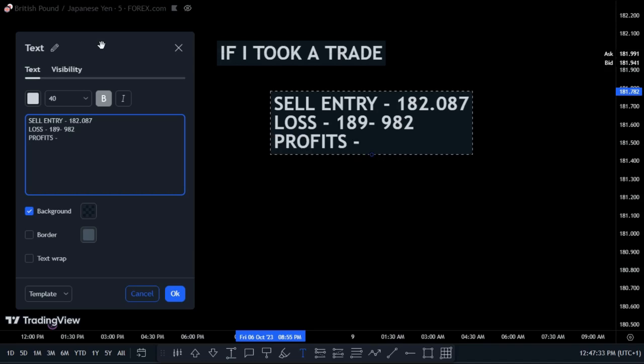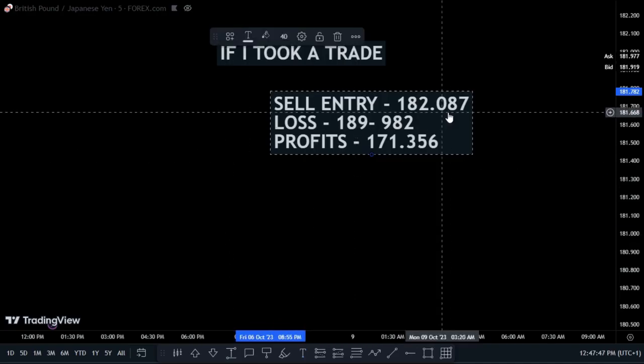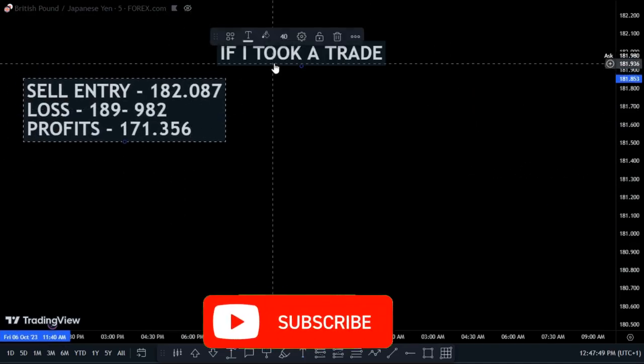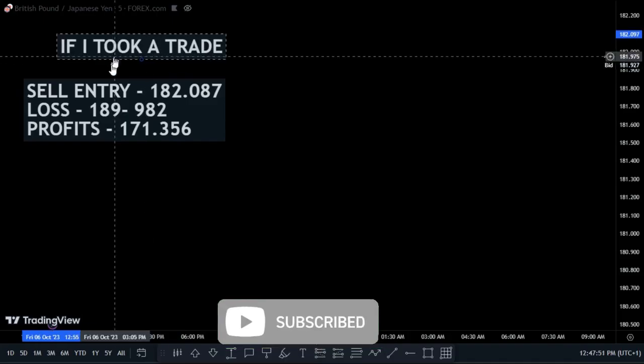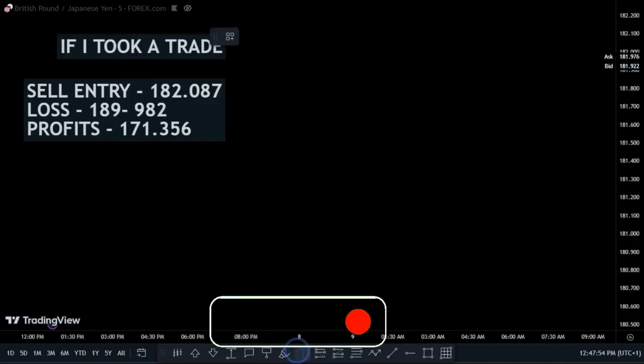you have to calculate how many pips of profit and how many pips of loss I'm ready to get. And in this we have 171.356. So I need you to calculate this and tell me what you get as the answer. But meanwhile, let's do one like this.